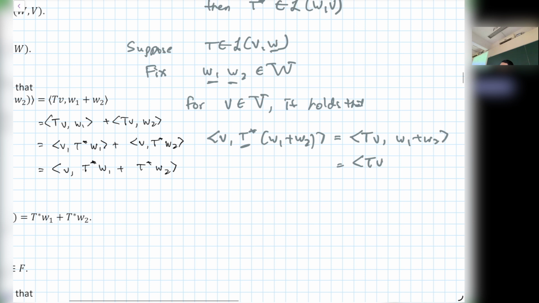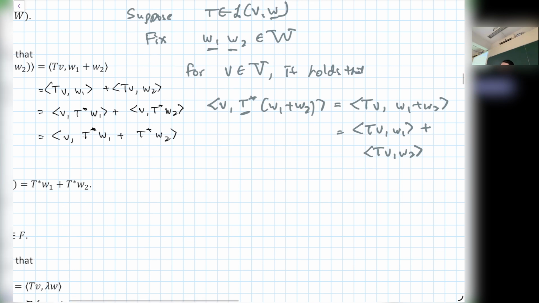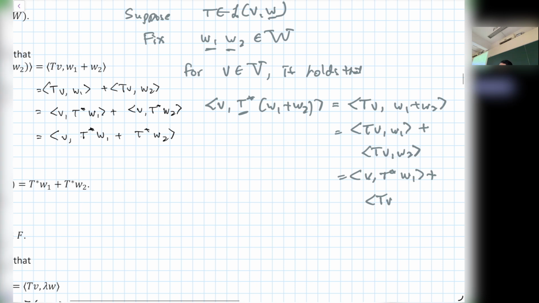So you'll have <TV, W1> plus <TV, W2> because of the linearity of the inner product, right? This we can write as <V, T star W1> plus <V, T star W2>.